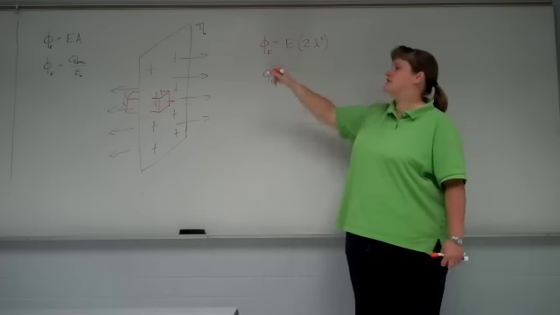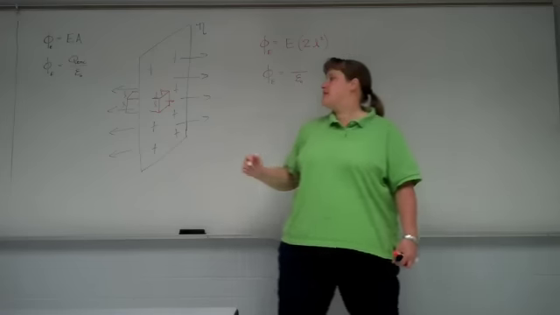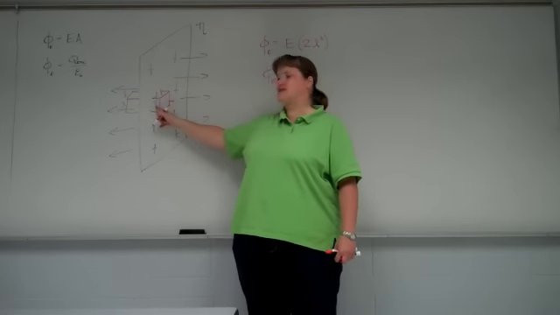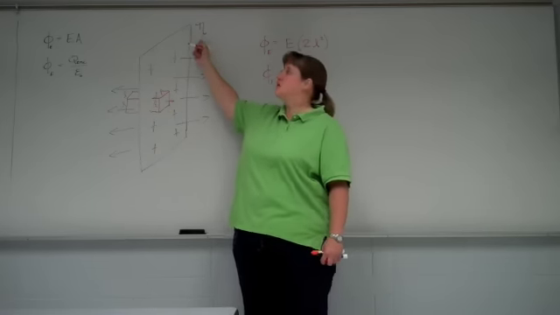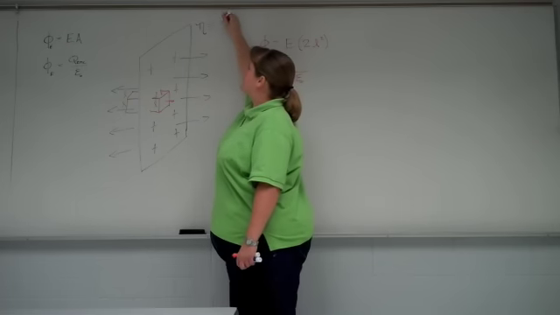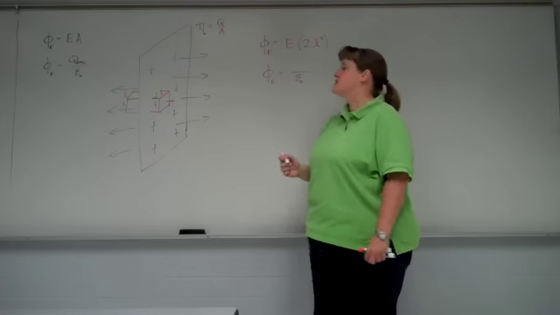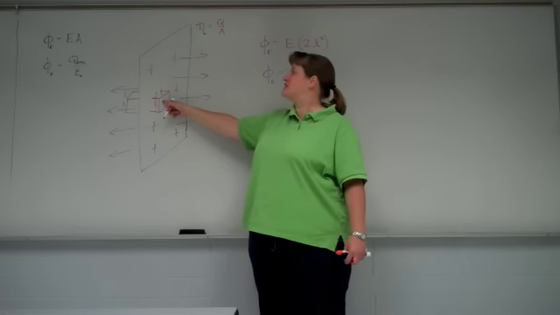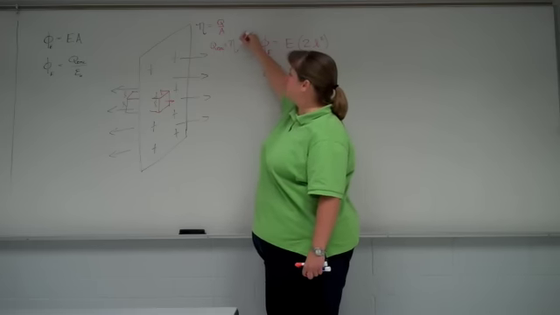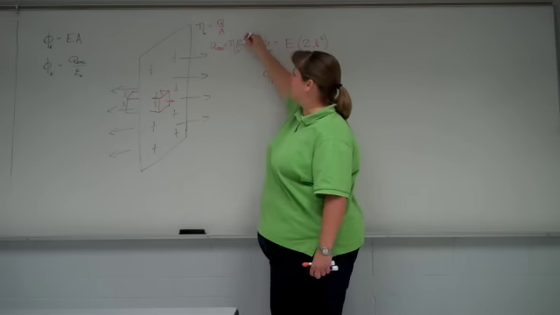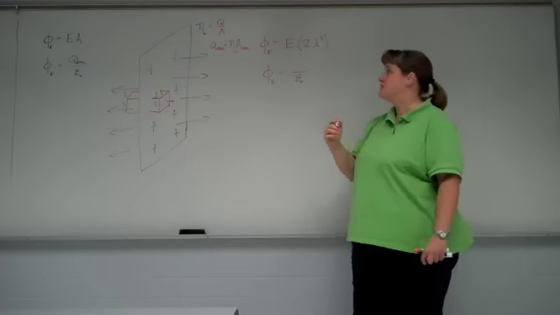Our other equation for flux, charge enclosed over epsilon naught, we need to figure out how much charge is inside this little cube. We can do that by way of density. We know surface charge density is charge per area. So the charge inside of this little cube is going to be the surface charge density times the area inside, the area that's cut out by the cube.